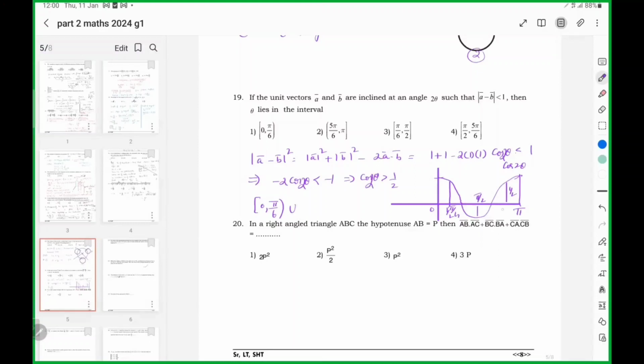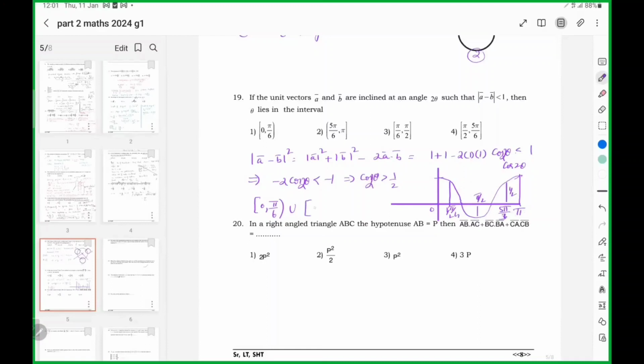Union, it is 5 pi by 6, 2 into 5 pi by 3 to pi.